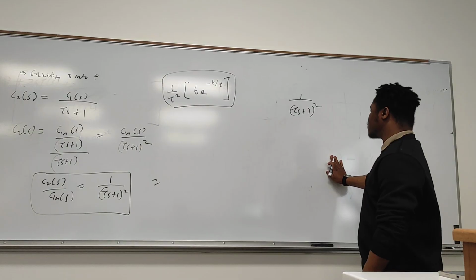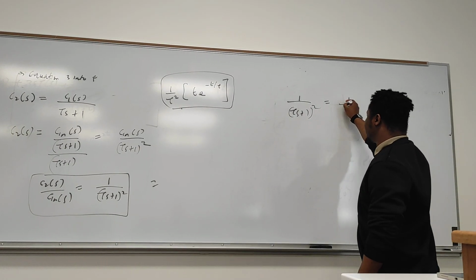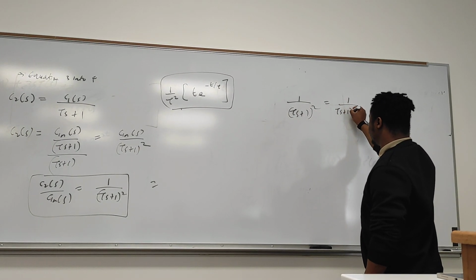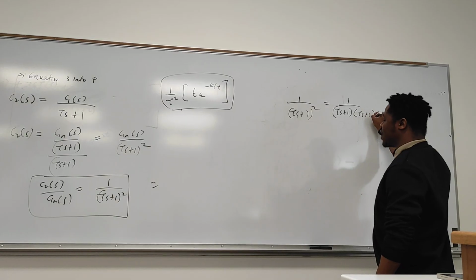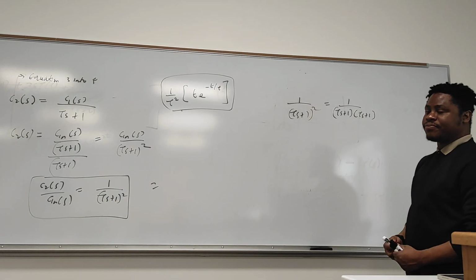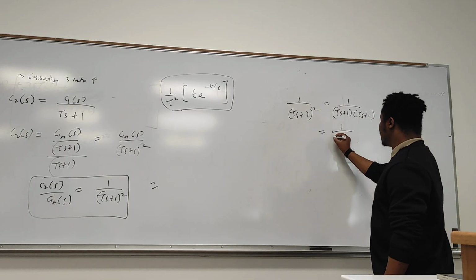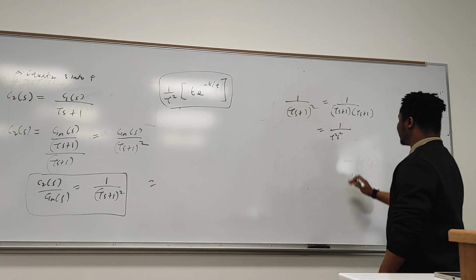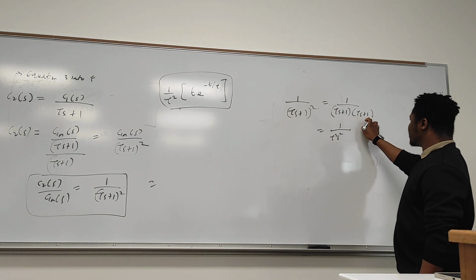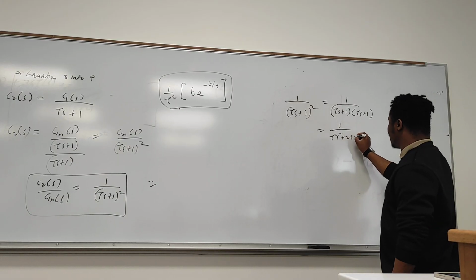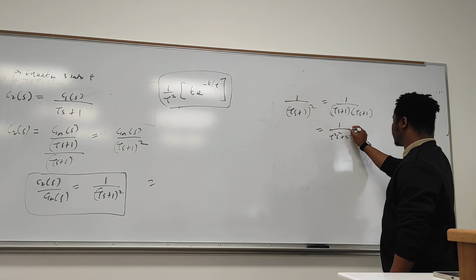But this is plus. So when you expand this, it's (tau s plus 1)(tau s plus 1) like this. So we need to expand it. When we do that, it becomes 1 over tau squared s squared plus 2 tau s plus 1.